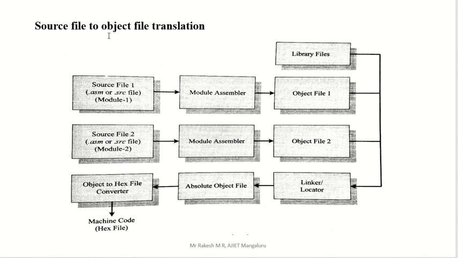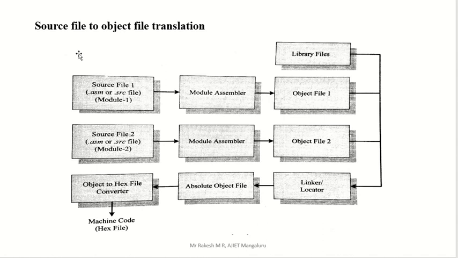The object file is represented by the extension .obj, and the source file is represented by the extension .src, or .asm. Normally we represent it by .asm. Assembly level is .asm itself. We are going to save that program with the file name .asm.